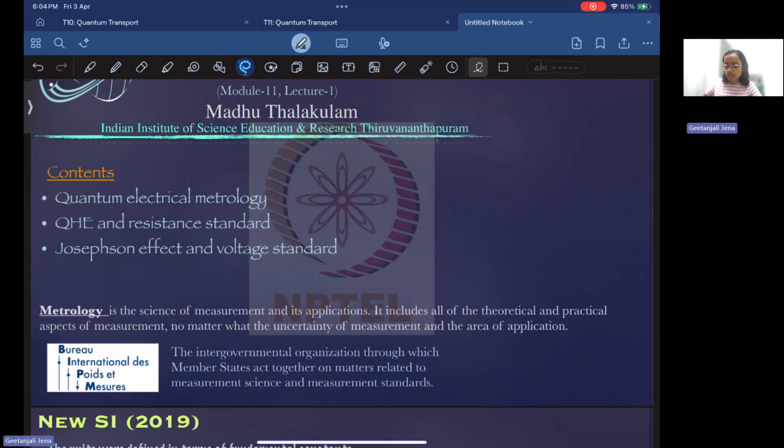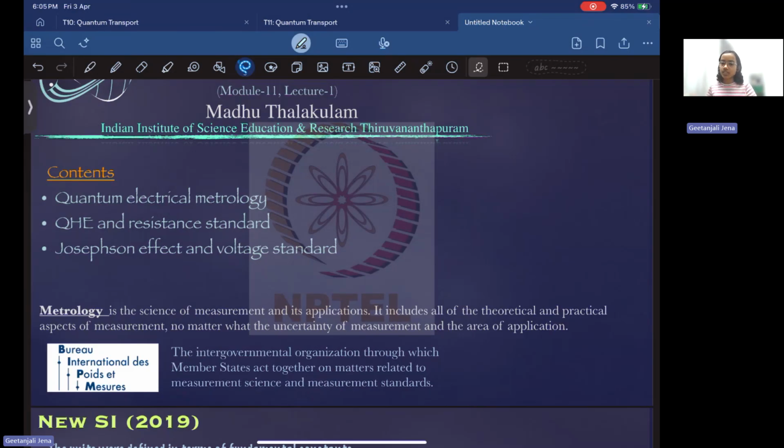If you want to measure length, you need a scale, and the SI unit is the meter. Similarly, in quantum devices, we need some standard so that we can measure the resistance, voltage, or any electrical properties of that device using a known measurement standard.